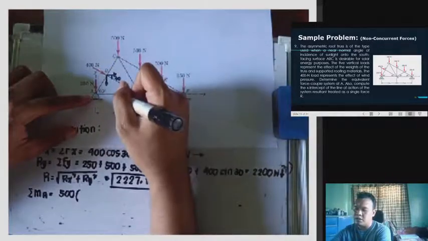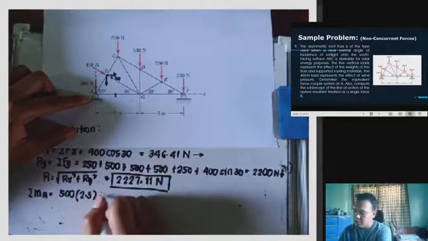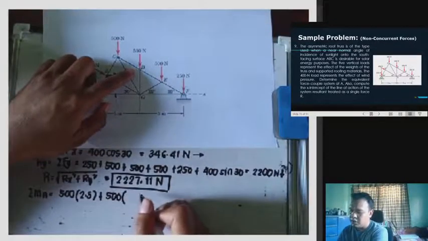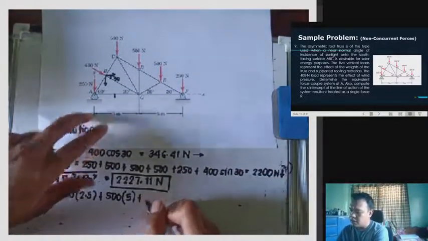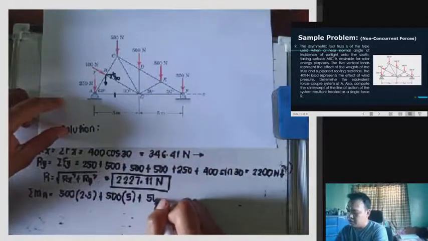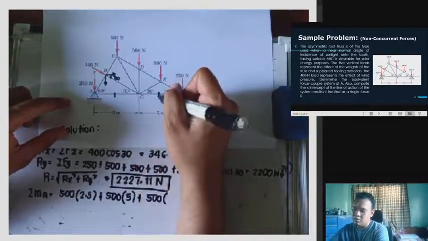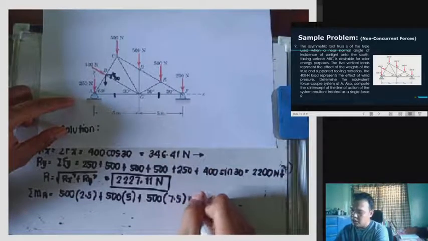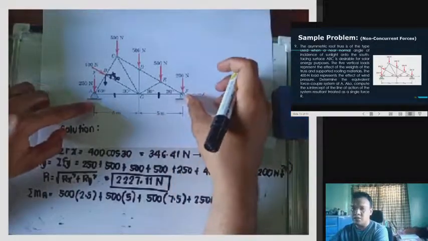So we have here, nasa gitna siya, multiplied by 2.5, plus another, itong 500 times perpendicular distance, which is 5, plus 500 ulit times perpendicular distance. Tama bang ito'y kalahati ulit? So, mayroon akong 2.5. So, 5 plus 2.5, 7.5, plus 250 times perpendicular distance ito.